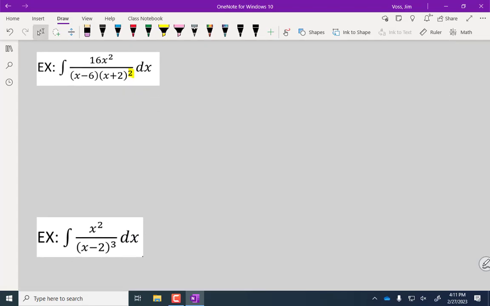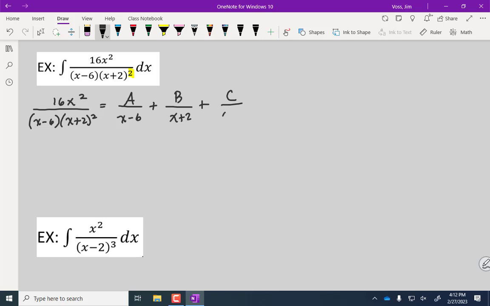Okay, so here's what we're going to do. When we do our PFD, we are going to have a partial fraction for each power of the repeated root. So that's our partial fraction for x minus 6, and then for x plus 2, and then for x plus 2 squared.